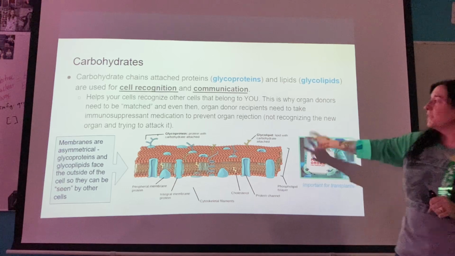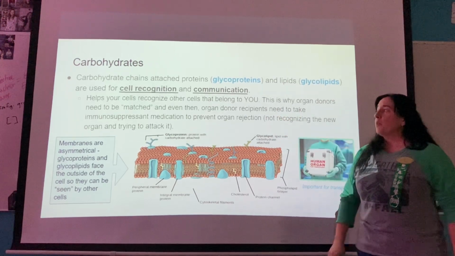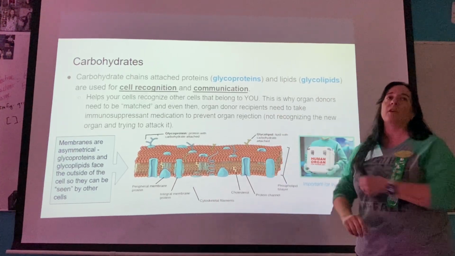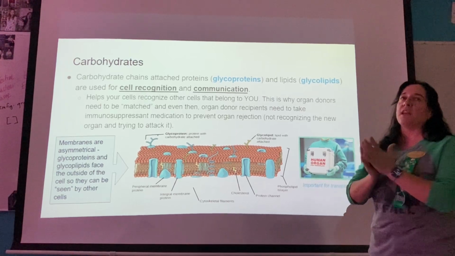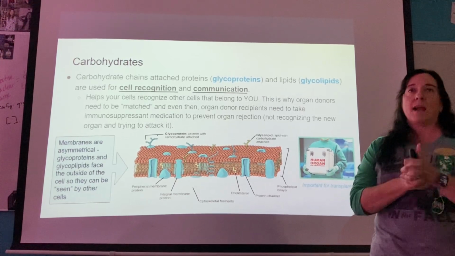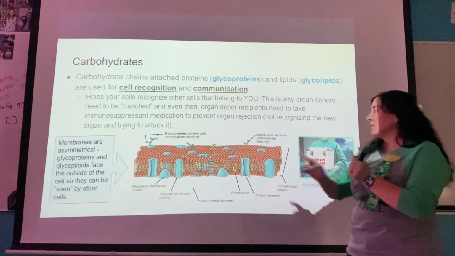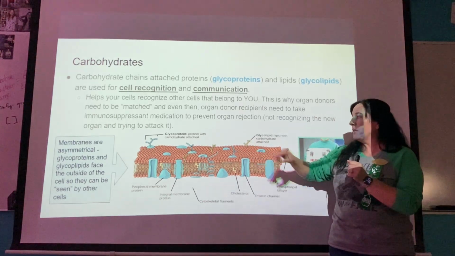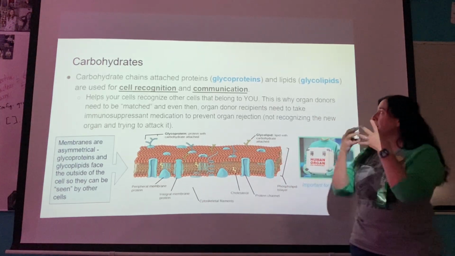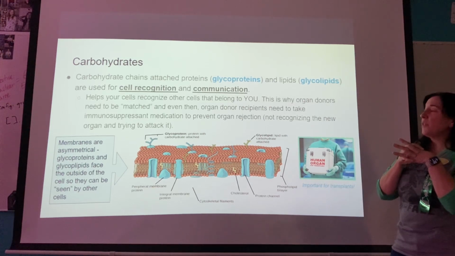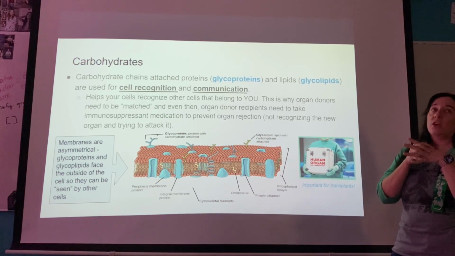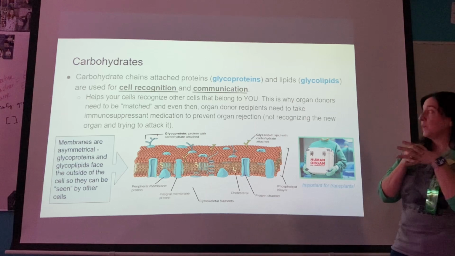All right, so that's what I was talking about a second ago. When we say cell recognition, guys, if you're getting a transplant, they have to see if you're going to be a good enough match. What that means is that these glycolipids and glycoproteins have to be able to recognize one another. Otherwise, if you're not a good enough match, your body's going to reject that transplant.